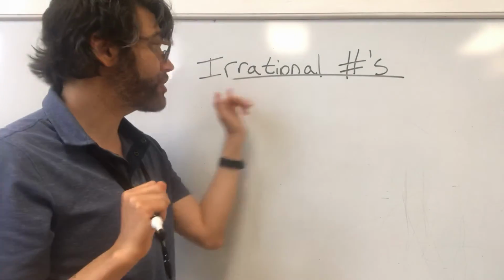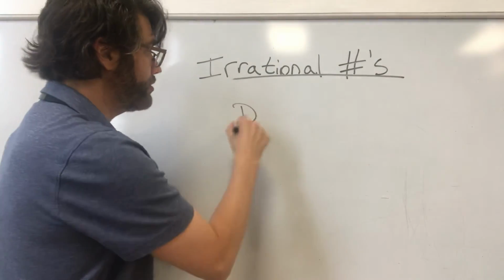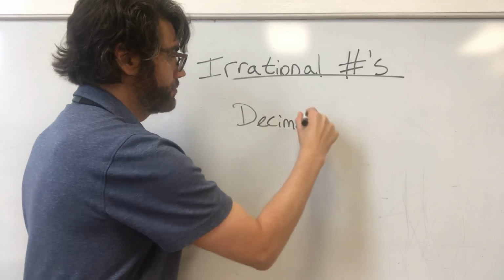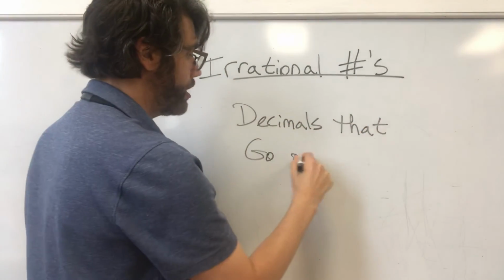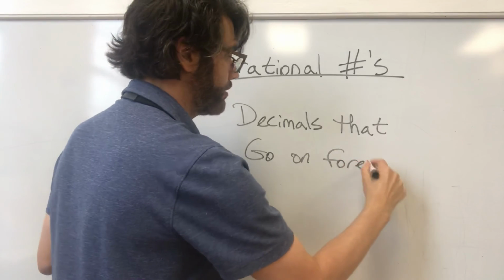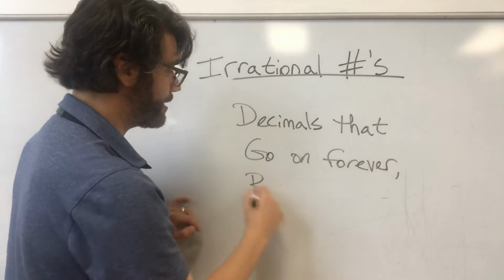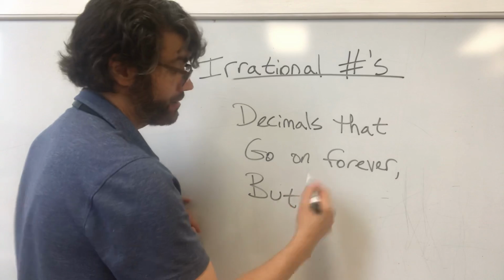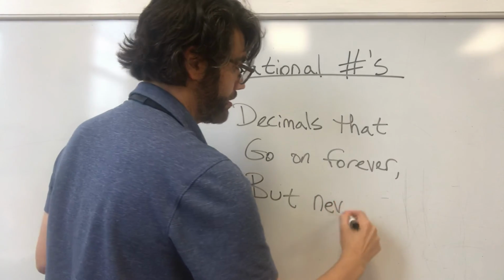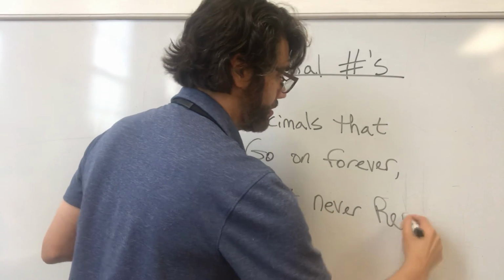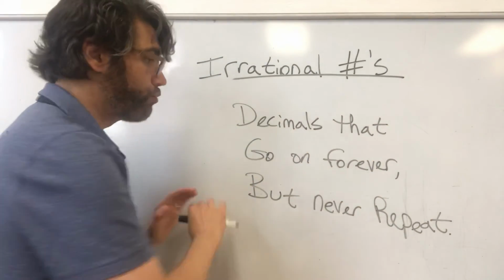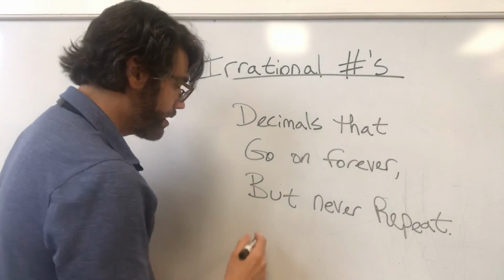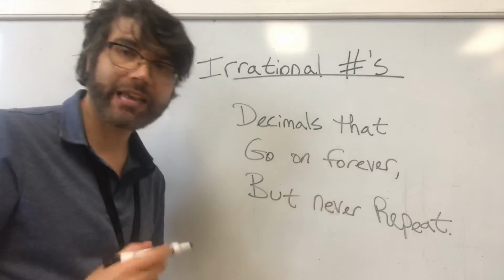So irrational numbers are decimals that go on forever, but never repeat. There's no repetition. So pi is an example.